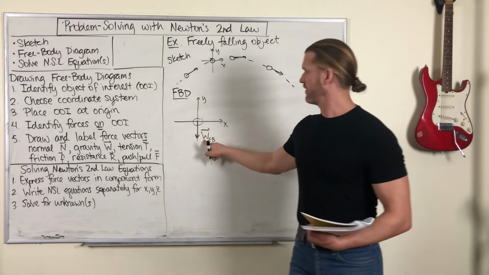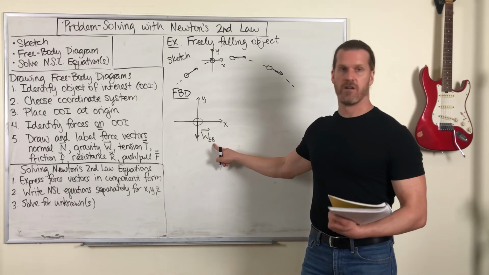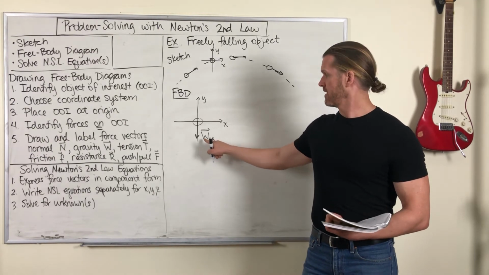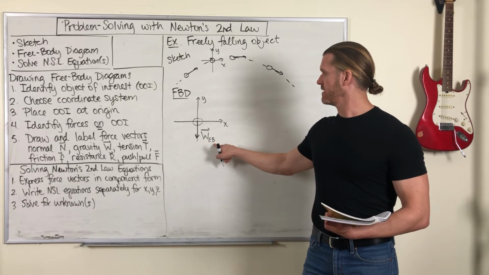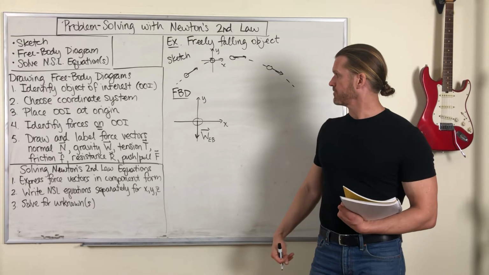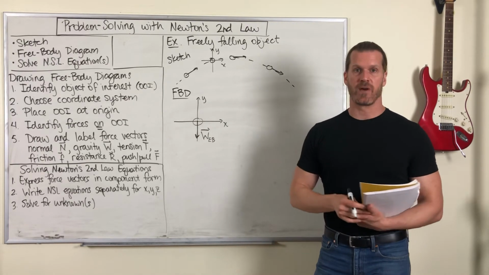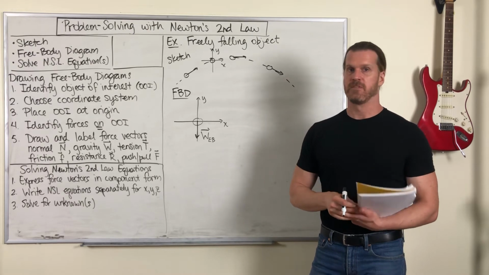So I'm going to say this is the gravity force of the Earth pulling on this ball. W-E-B, Earth ball. And that's it. That's how you draw the free body diagram for this problem.